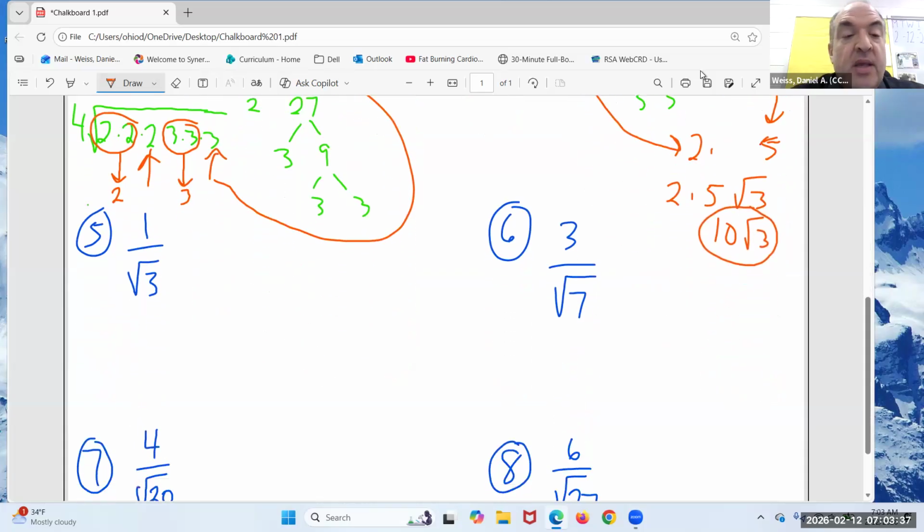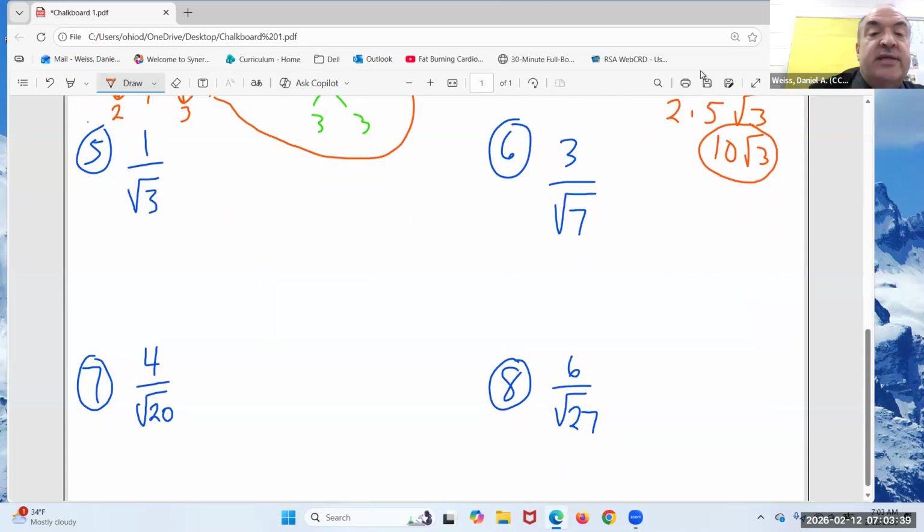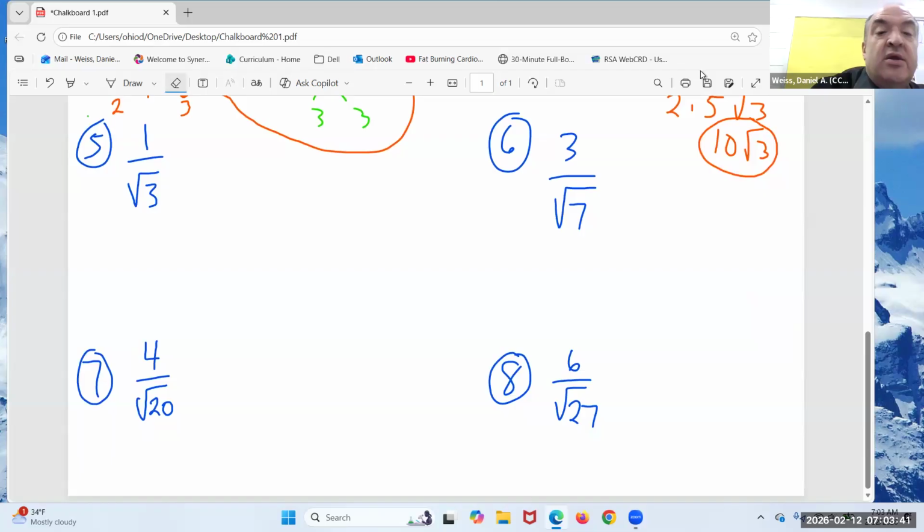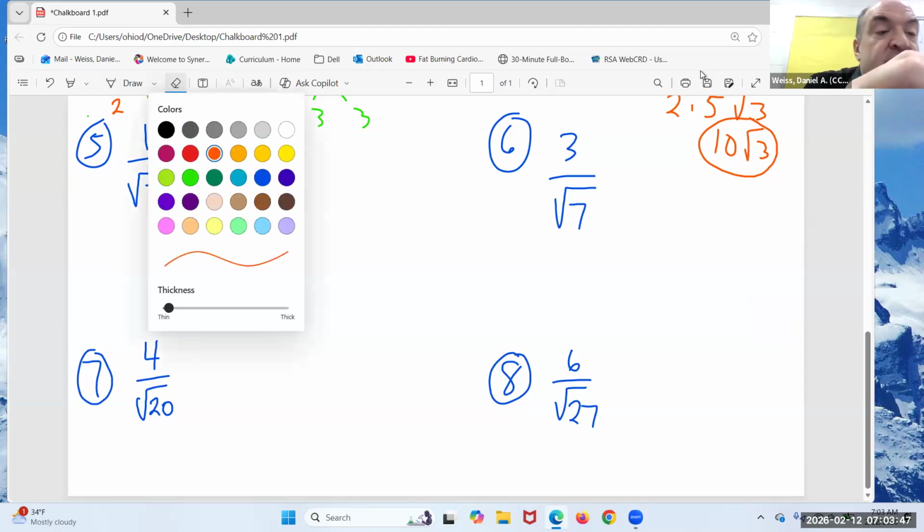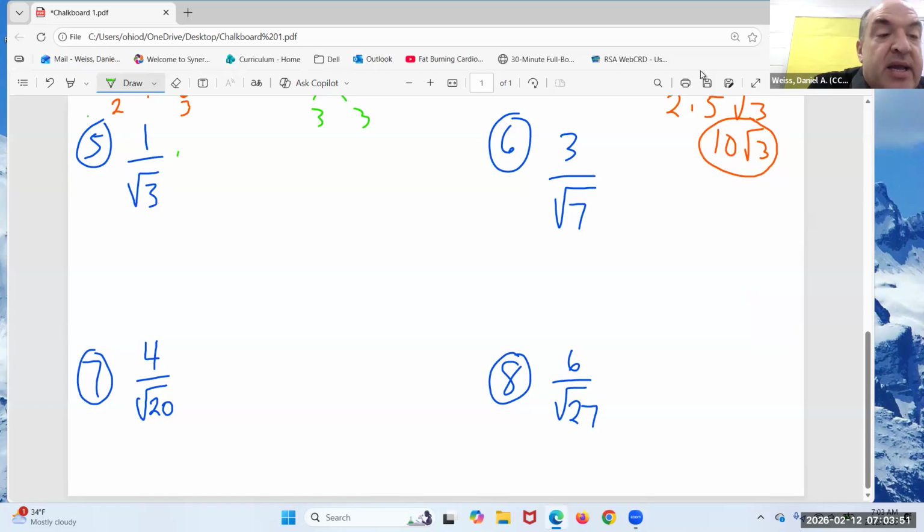Okay. Now, let's look at this. Here, you're not allowed to have a square root in the denominator. So here's what we do. We multiply by square root of 3 over square root of 3, because square root of 3 over square root of 3 is 1. You can multiply anything by 1 and you still have the same answer.